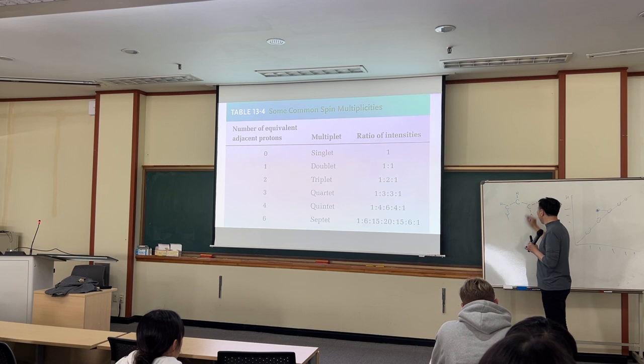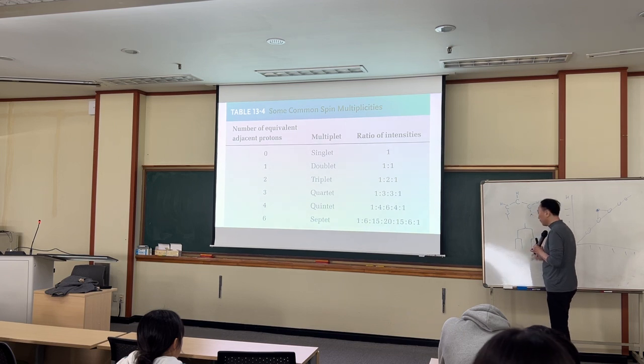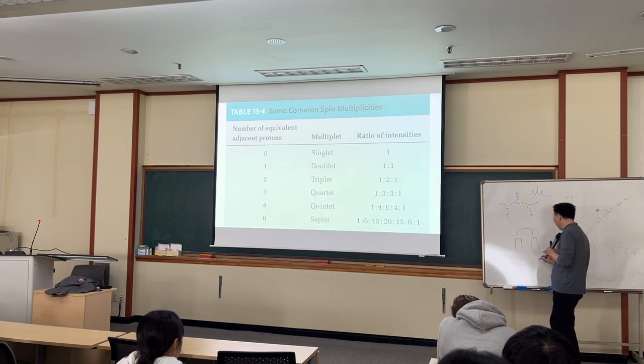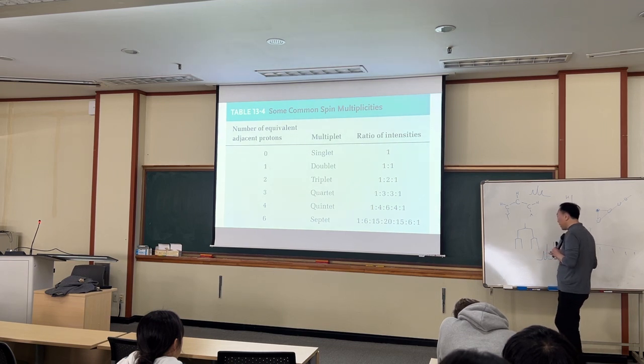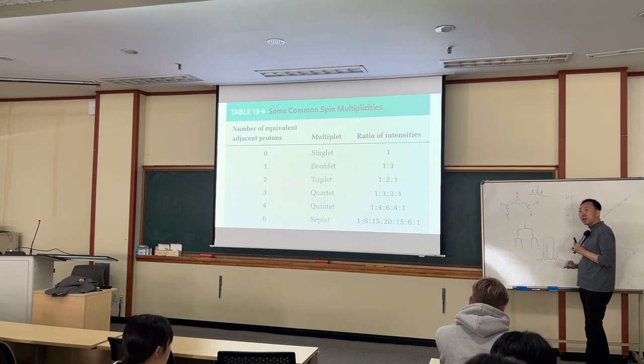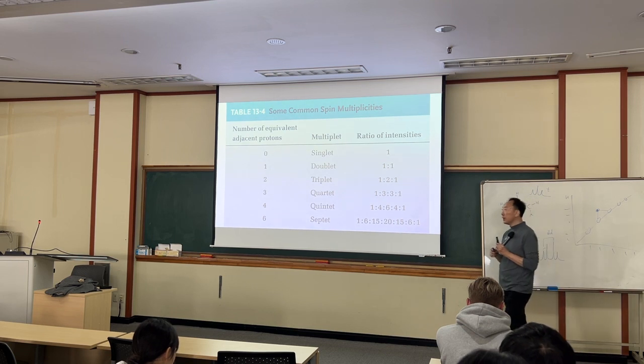That means the bigger one we can divide first, and the small one we can divide again. The peak shape originally was the same, it was a triplet, like this. If it's not the same, then it's like this. This coupling constant and this coupling constant are not identical. This one we call a doublet of doublets. This one is a triplet. It's different. Okay?